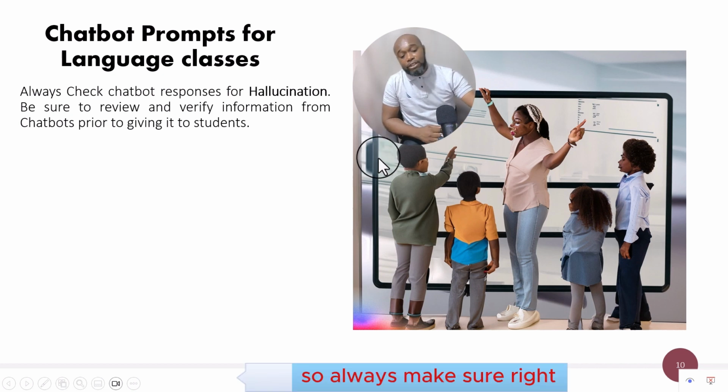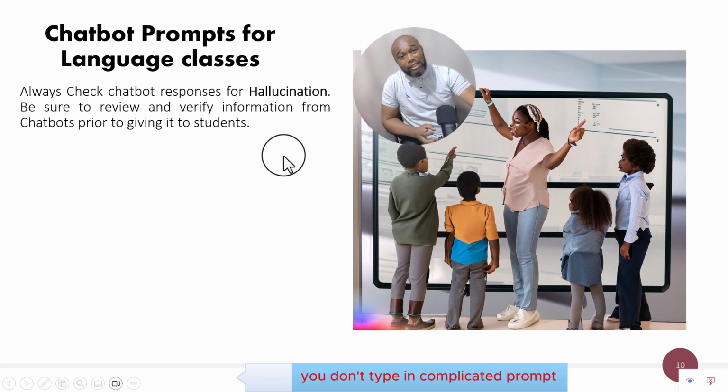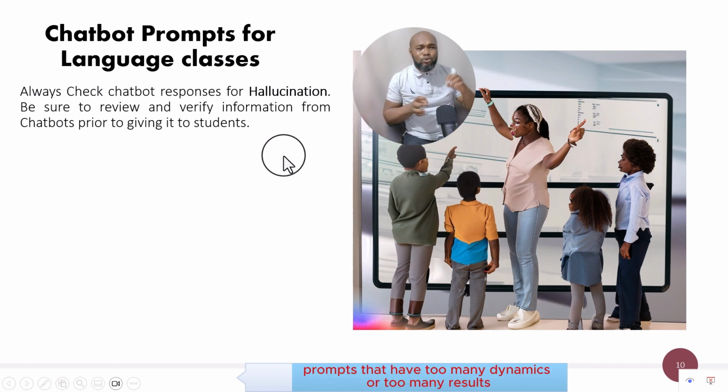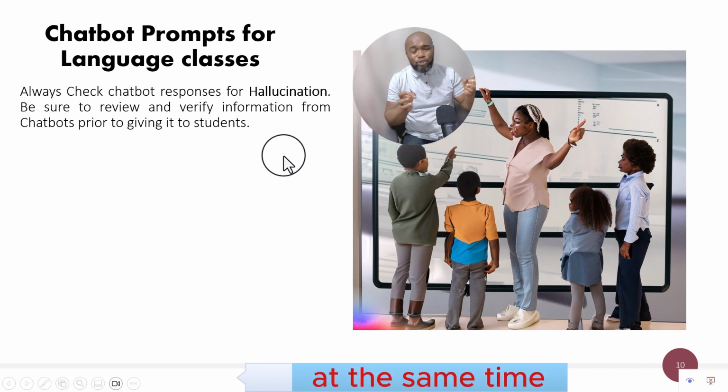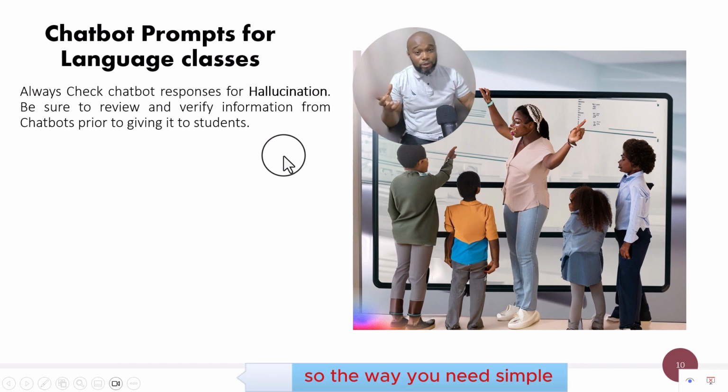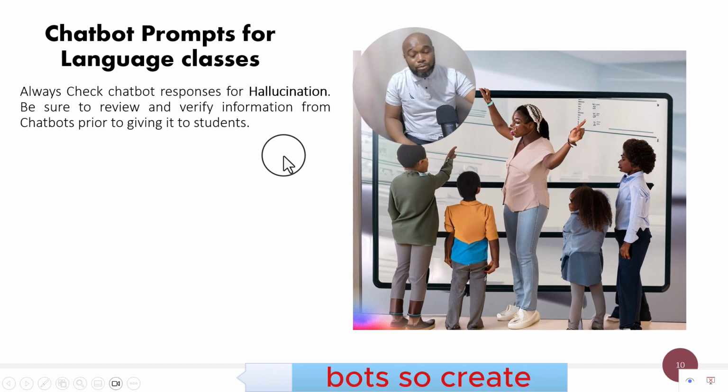Always make sure you don't type in complicated prompts, because sometimes that might result in hallucination. Typing in complicated prompts that have too many dynamics or too many results at the same time, that even as a human being you would need to break down to digest. So don't think these tools are superhumans or super beings that you just question. The way you need simple, straightforward interrogations as a human being, the same way you interrogate your chatbot.